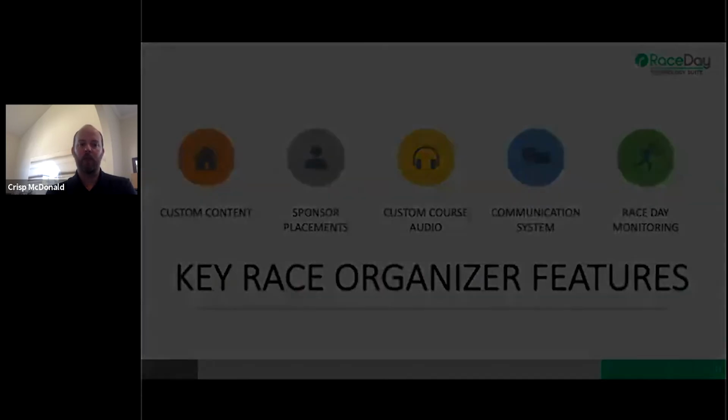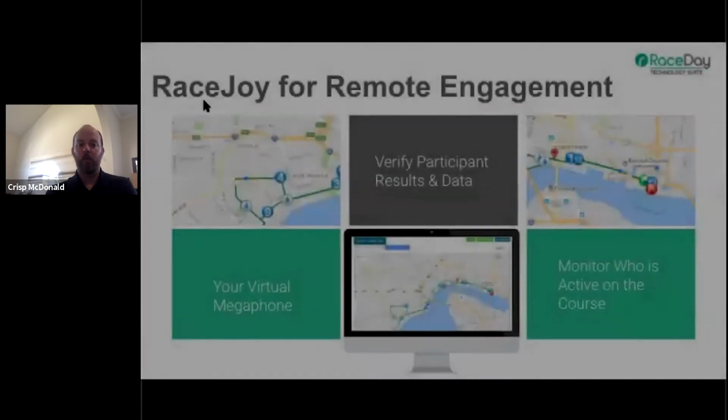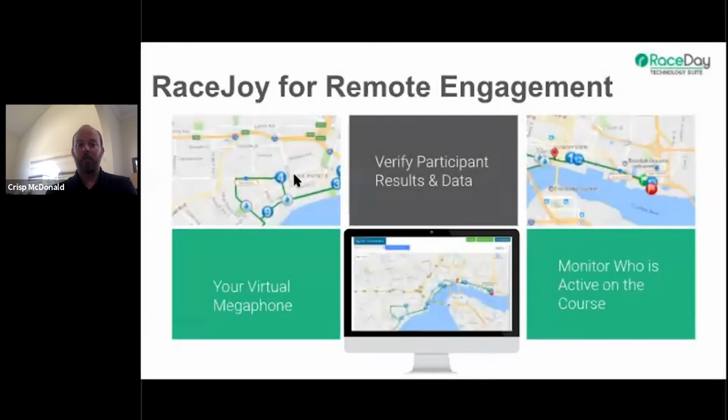And so that monitoring for remote engagement, if you've never looked at the back end of RaceJoy, you can quite literally see little dots running around on the course, and the spectators can track one person at a time and see where their friend or family is. But on the back end, you can see everything, which is super cool. And there's a lot of different things that you can do with it.